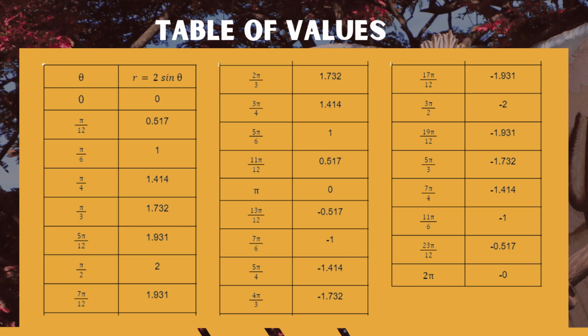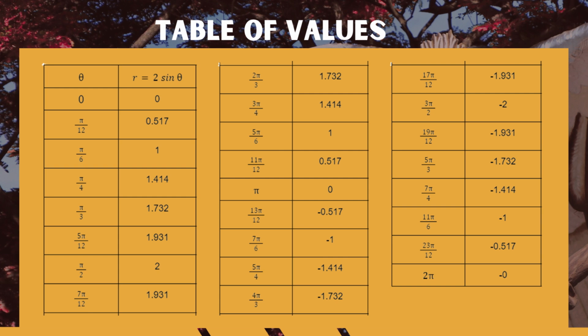For pi, 0. 13 pi over 12, negative 0.517. 7 pi over 6, negative 1. 5 pi over 4, negative 1.414. 4 pi over 3, negative 1.732. 17 pi over 12, negative 1.931.